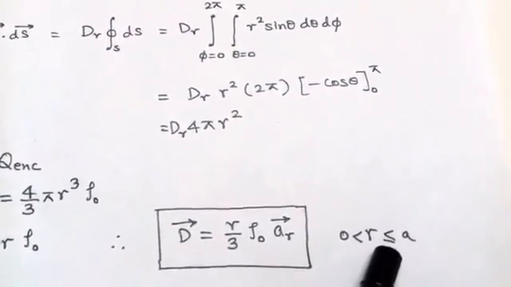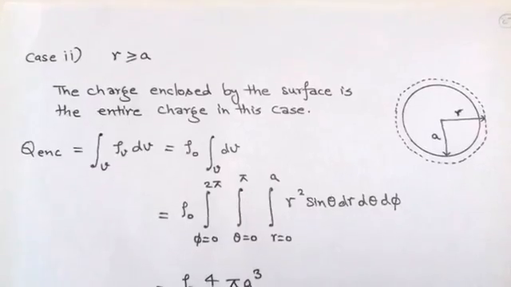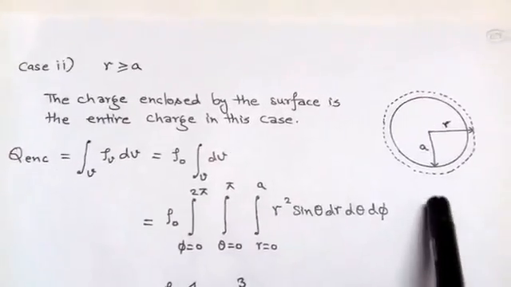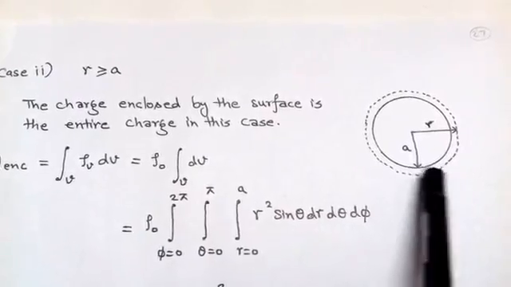And in the second case, we consider a point outside this sphere. Here we consider point P outside this sphere having a distance r. At this point we assume a Gaussian surface.